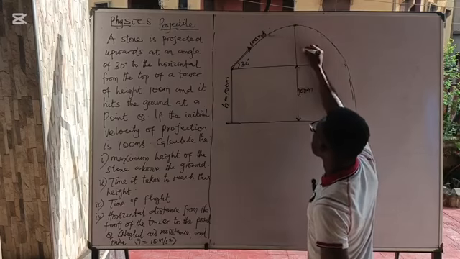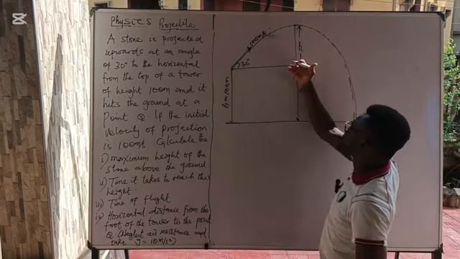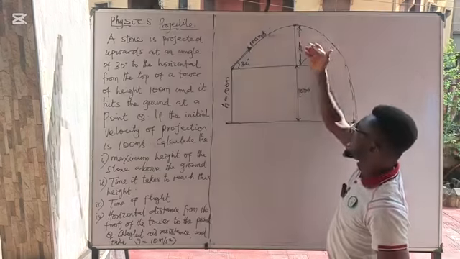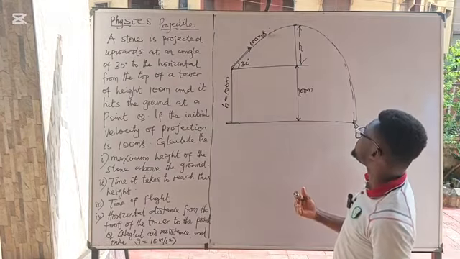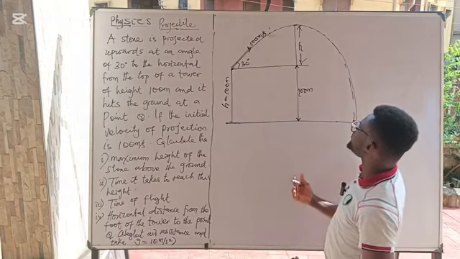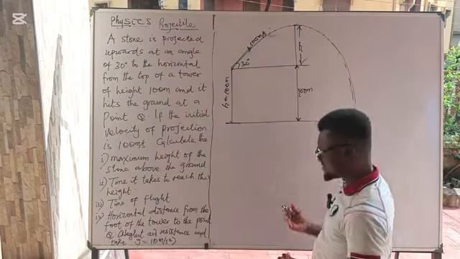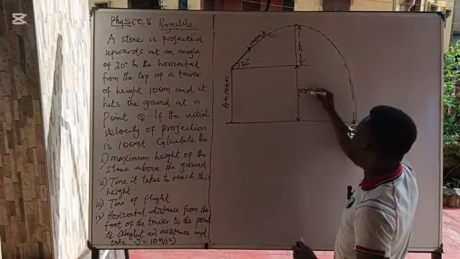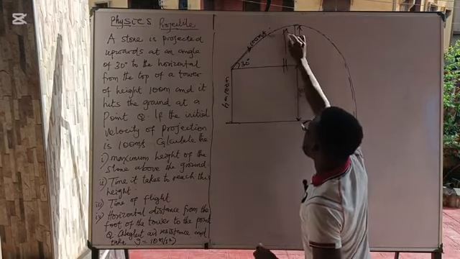But from here to here, we don't know the height. That is the maximum height the body attained before falling to the ground. So we are asked to find the total height. That is h plus this.